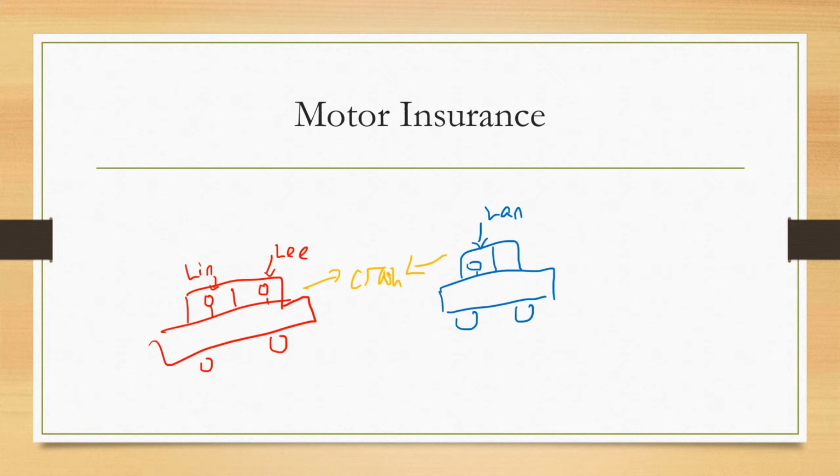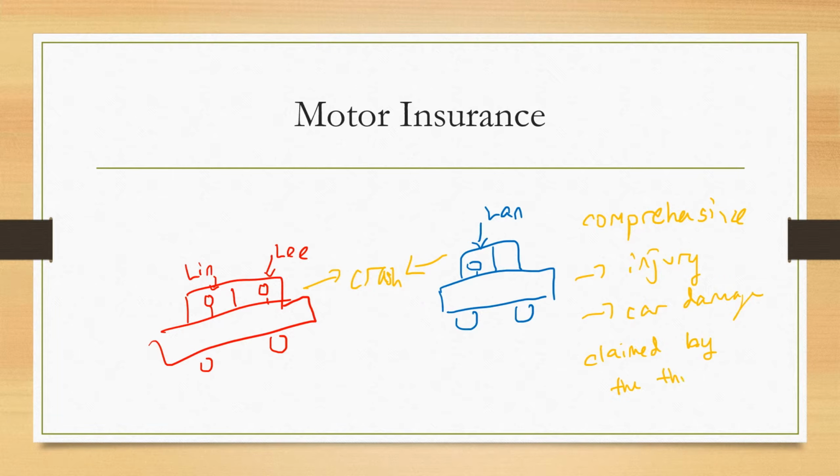Alright, so in this scenario, who is liable? Who's the one that's gonna insure the policy itself? Let's say Lee is gonna insure the car under the comprehensive policy right here. Under this comprehensive policy, it will cover, for instance, injury and car damage claimed by the third party.